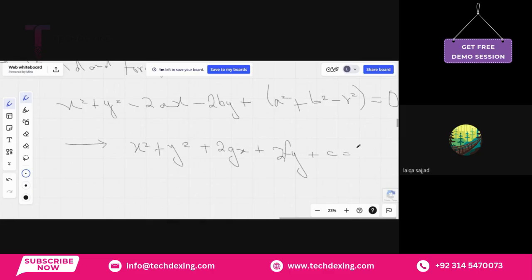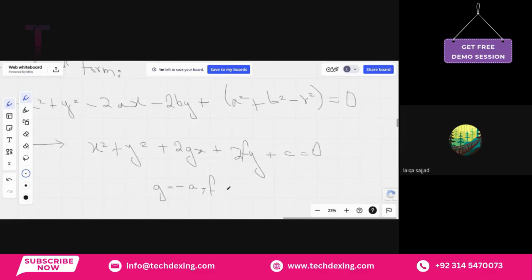So what we have done over here is we have simply replaced g in place of minus a, and we have simply replaced f in place of minus b, and we have simply written c in place of this complete term.